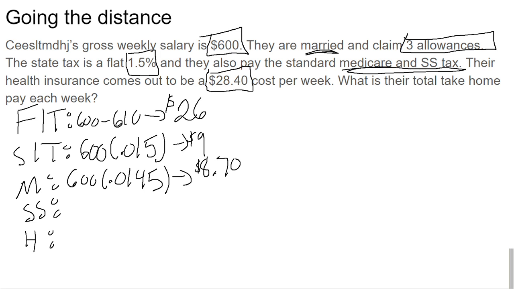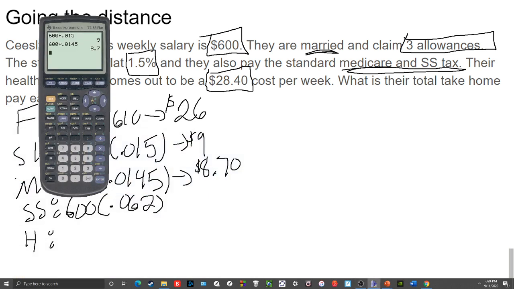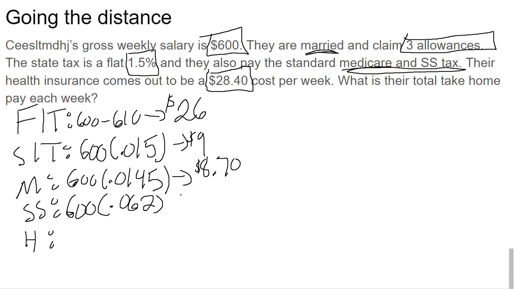Social Security tax, remember, is 0.062. So 600 times 0.062, we get $37.20.